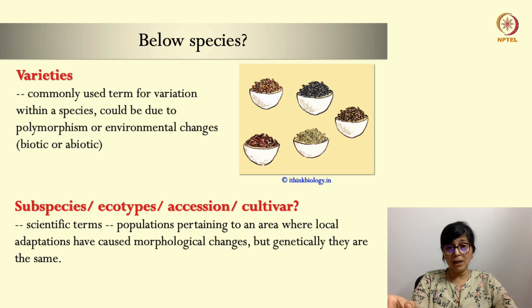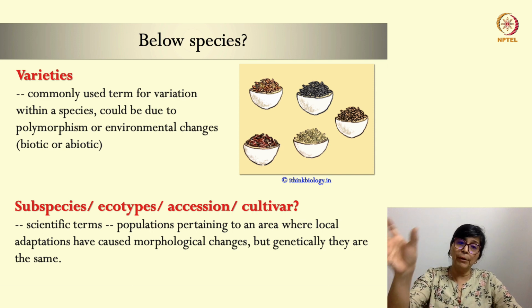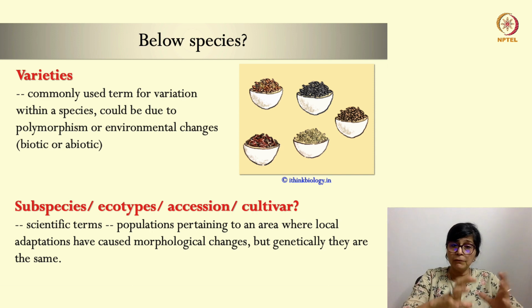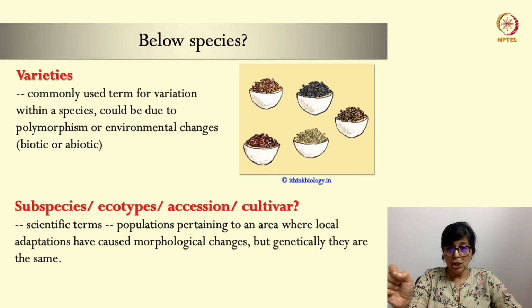Accession and cultivar are two terms more used in agriculture, where some plant breeder or plant biologist goes and collects one particular population from a particular area, and names it according to the number where they collected it from, so that for future reference, whoever is studying that kind of ecotype can go and get it from that region. So they have particular names or numbers for these accessions and cultivars.